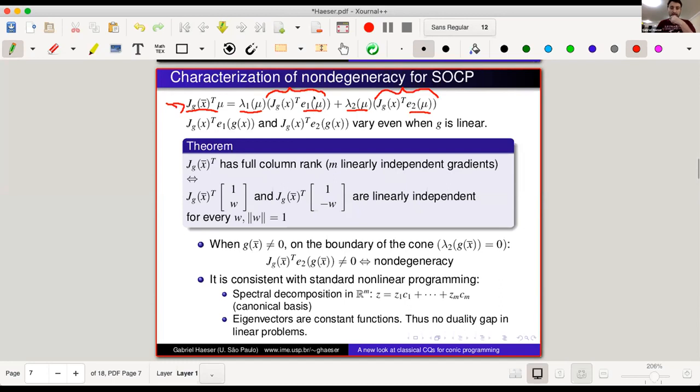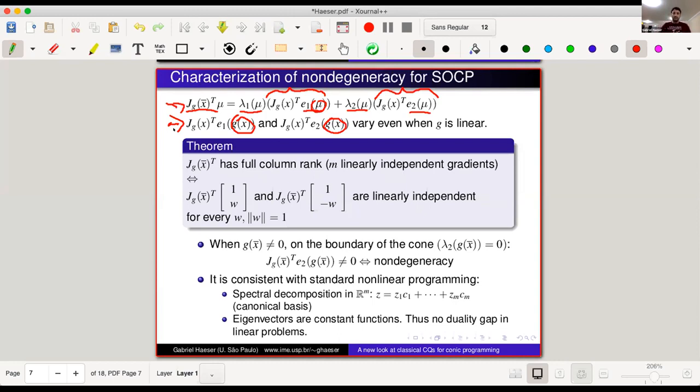Actually, we want to make a change here. It's not the eigenvector of mu, but the eigenvector of g of x, which comes from this simultaneous diagonalization. In fact, these are the correct vectors, which are the analogous of the gradients of the constraints.